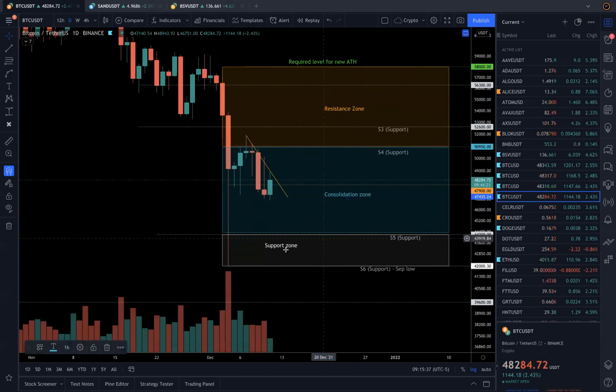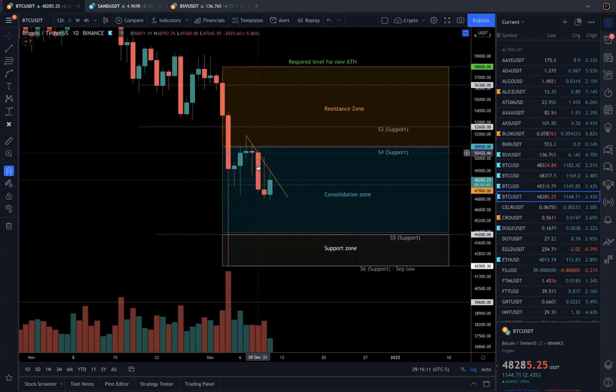I could have kept the support zone and the whole entire thing as resistance, but the only purpose of this consolidation zone is to indicate that this is where you are likely to see most of the sideways movement. This was added at the very beginning, because I was anticipating, based on past experience, that price tends to move sideways.